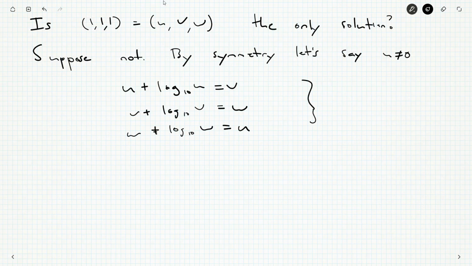So to apply log, we know that u, v, and w are all greater than 0. Okay, you can't plug in a negative number or even 0 into a logarithm.